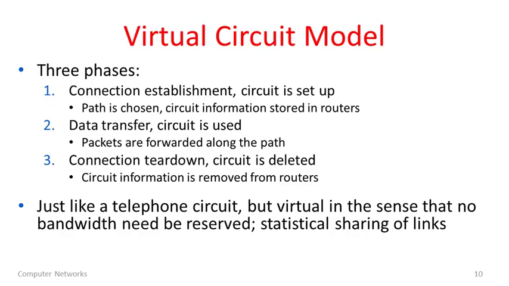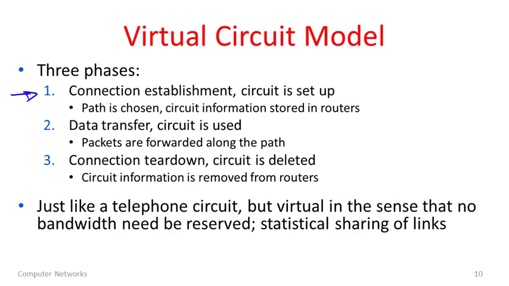The second model I talked about for providing a network service to the transport layer was the virtual circuit model. The virtual circuit model is unlike a datagram model. In a datagram model, every packet is independent, self-contained, and fully addressed. Not the case in a virtual circuit model. In a virtual circuit model, just like the telephone, we go through three phases. The first phase is a connection establishment phase.